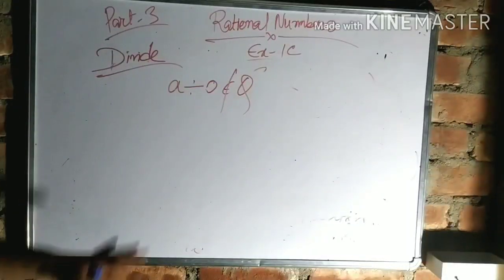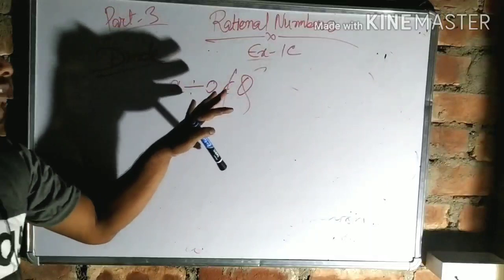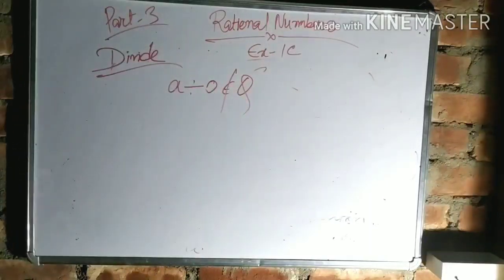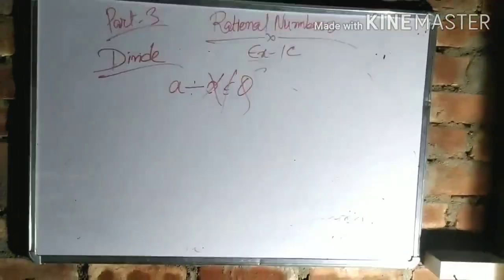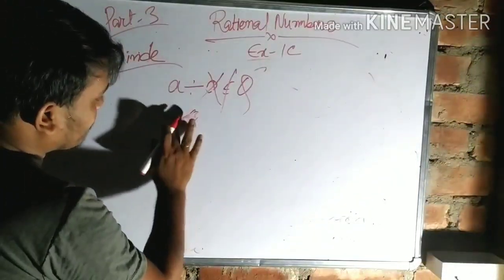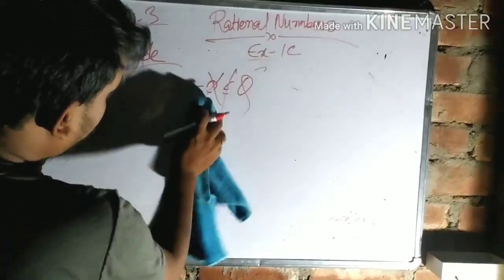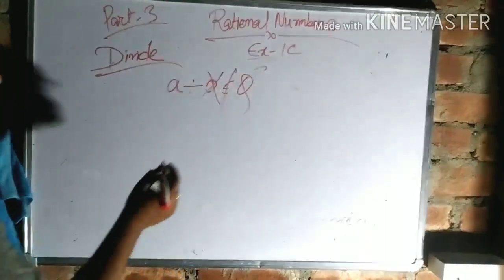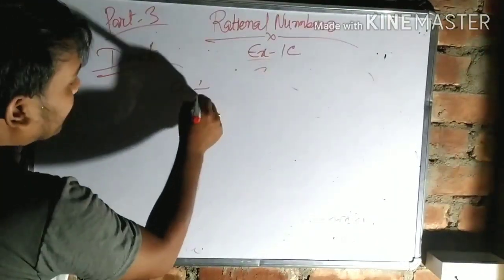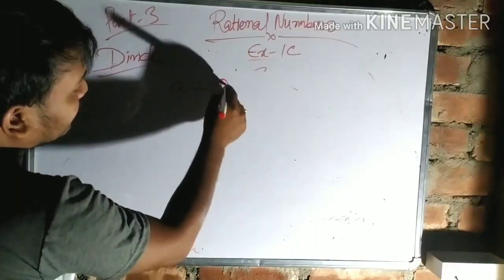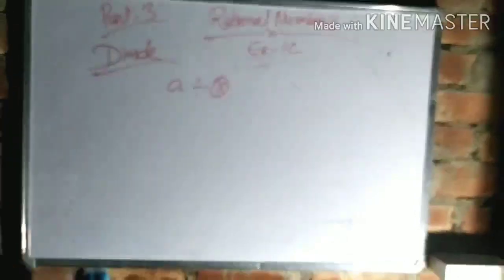So the set of rational numbers is not closed with respect to division. But if we take the second value other than 0, then division is closed.